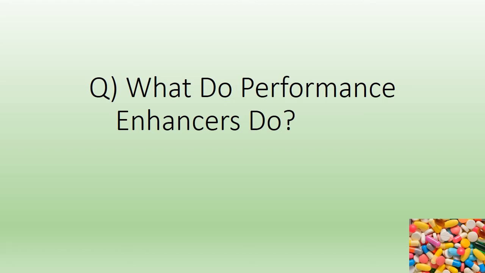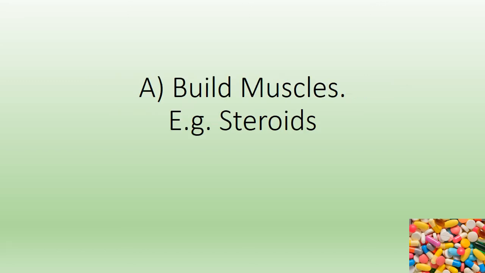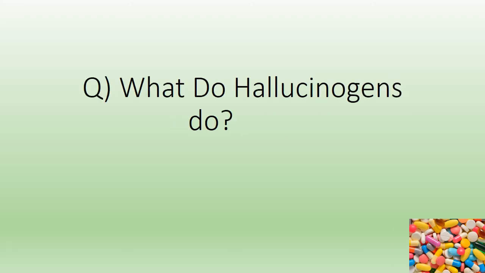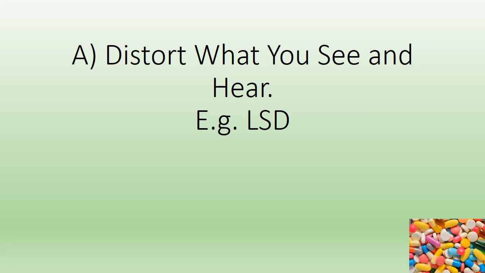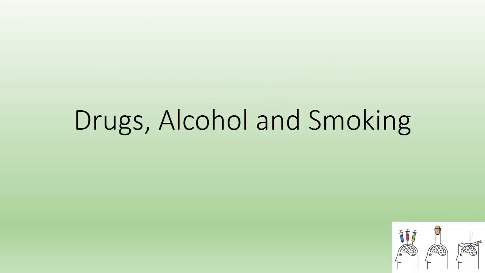What do performance enhancers do? Build muscles, e.g. steroids. What do hallucinogens do? Distort what you see and hear, e.g. LSD.